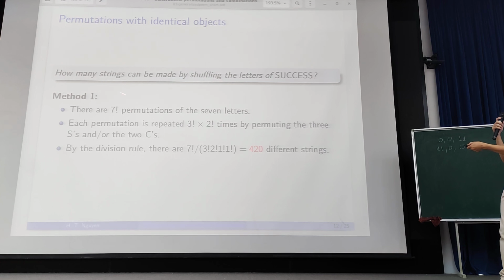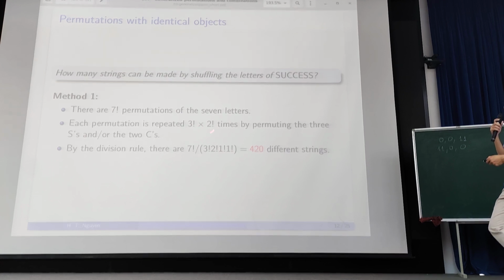So for each string, you have, in fact, 3 factorial repetitions caused by shuffling the letters S. There are 3 S's, so there are 6 repetitions by S. And if in addition you shuffle the 2 letters C, then you have 2 factorial, and here you multiply the 2 factors together.